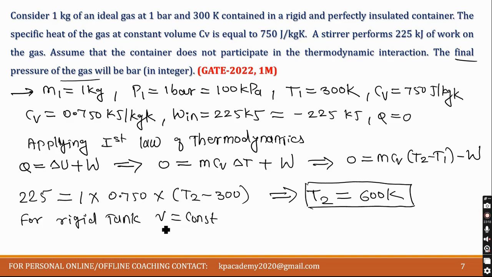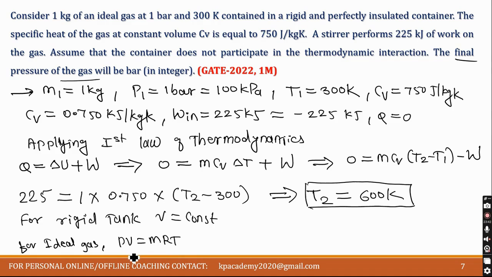So volume is constant, and inside the tank whatever the gas is, it is an ideal gas. So for an ideal gas we have the equation PV equal to mRT. Now in this case volume is constant, m is constant, that is 1 kg.